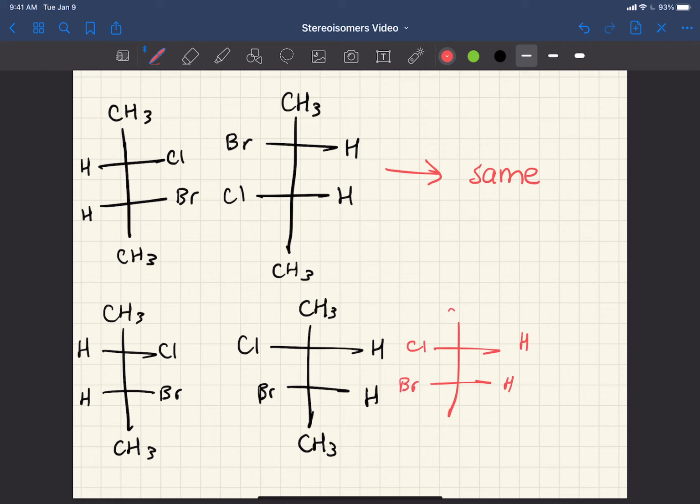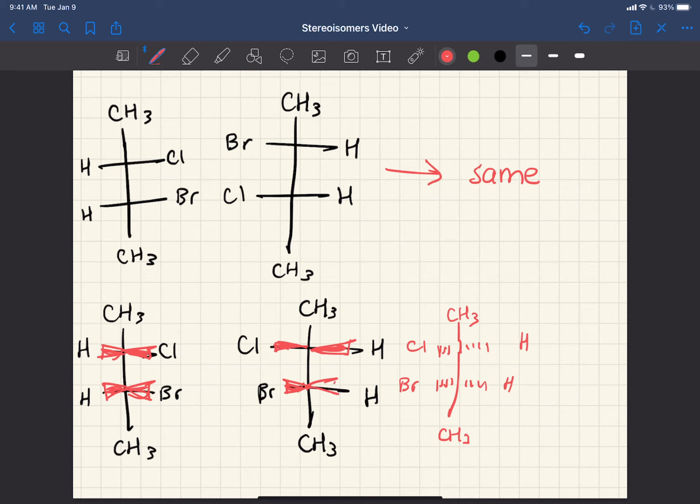But what we have to remember is that Fischer projections are technically wedges here. So these are wedges. And so when we flip it around, these bonds right here actually become dashes like this. And we know that these two would be enantiomers then, because we know that these are also wedges. That's how Fischer projections work, right?